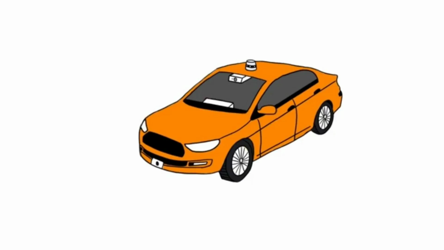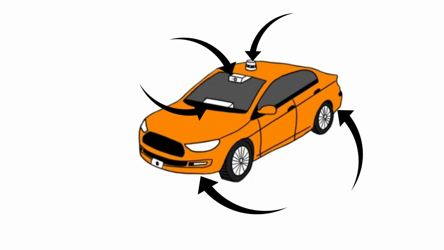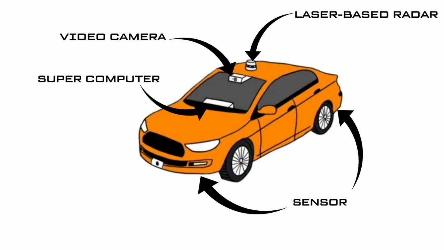Let's see an example with autonomous vehicles. Autonomous vehicles rely on a multitude of connected devices, which generate vast amounts of data that need real-time processing. A prime example is the autopilot feature in a vehicle.